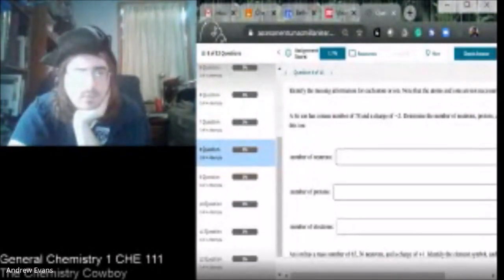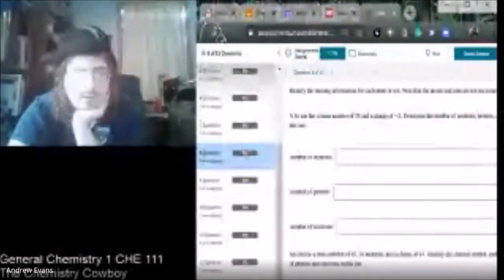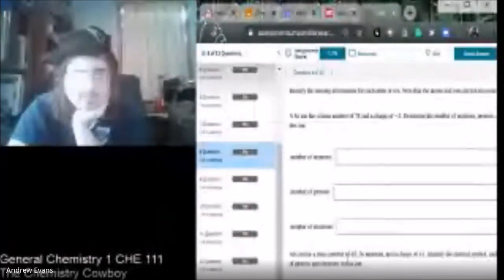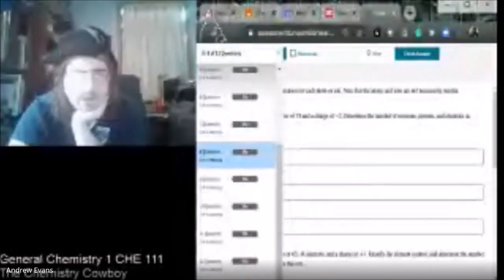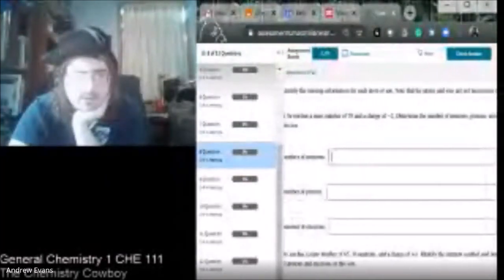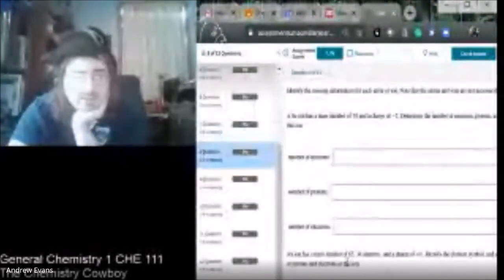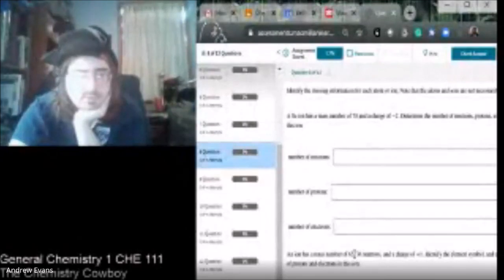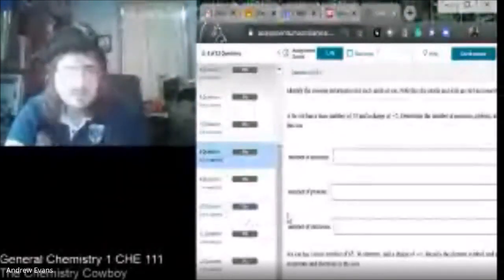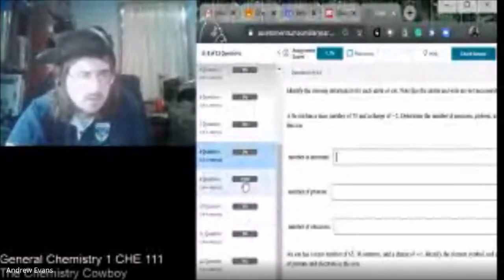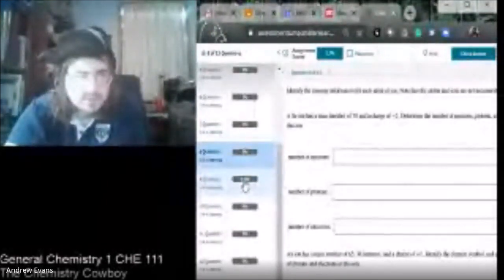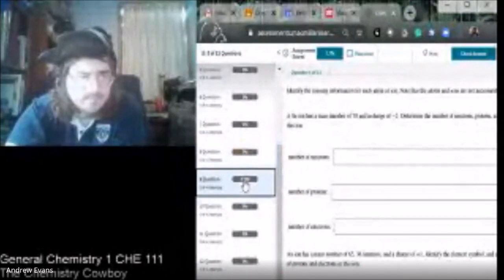Like the one down here, say an ion with the 65, 36 neutrons and a charge of +1. So what is the element first? Identify the elemental symbol, determine the number of protons and electrons. You'll use the neutrons and the mass number to find the protons. You'll use the protons to find the element. You'll use the charge to find the electrons. You're just thinking about the periodic table and how to read that.